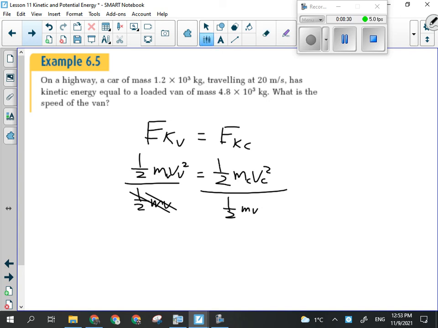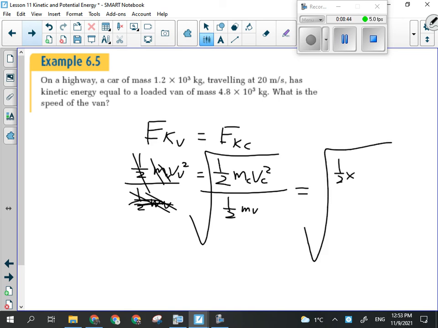That's gone there. That gives me the speed of the van squared. I just want the speed of the van. So that's going to be 1/2 times 1,200 times 20 squared, divided by 1/2 times 4,800.